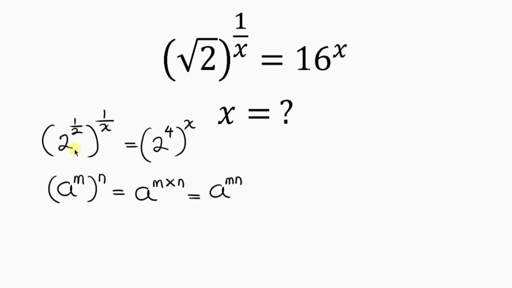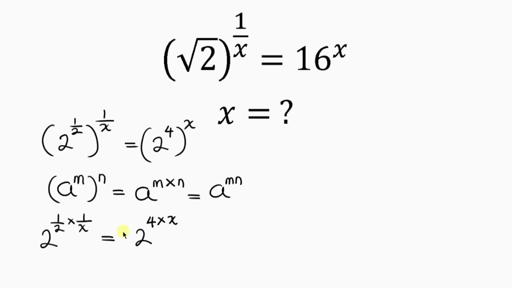So we have 2 raised to the 1 over 2 times 1 over x. So 1 over 2 times 1 all over x. This is equal to the right hand side. We have 2, which is the base. Now the powers multiply, 4 times x. So 4 times x. Very good.